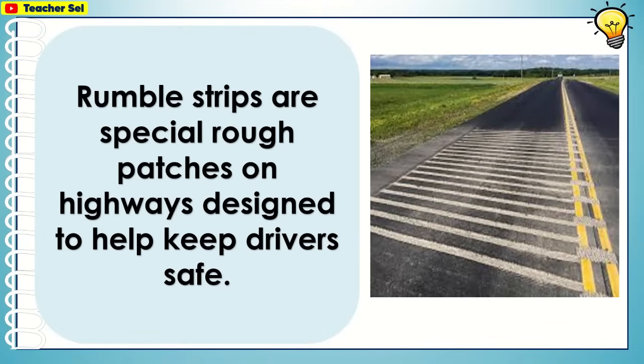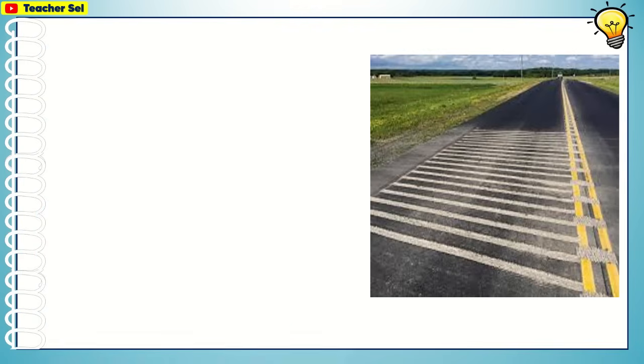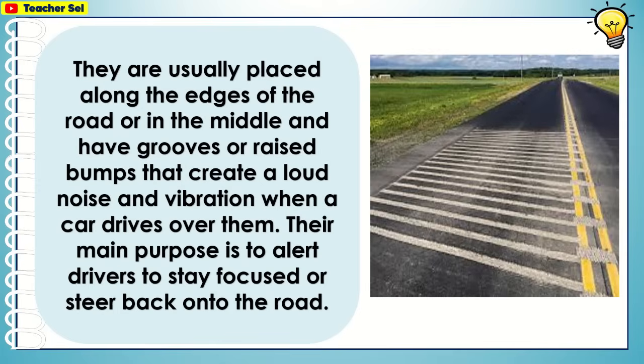Rumble strips are special rough patches on highways designed to help keep drivers safe. They are usually placed along the edges of the road or in the middle and have grooves or raised bumps that create a loud noise and vibration when a car drives over them.